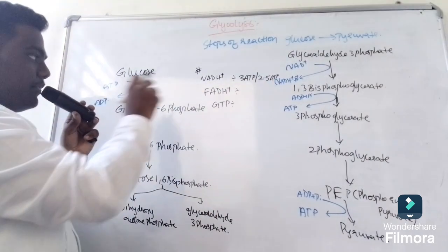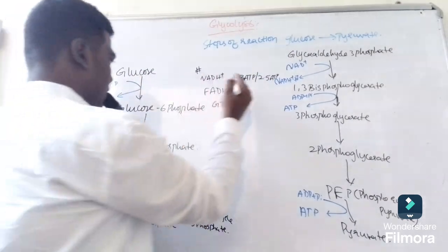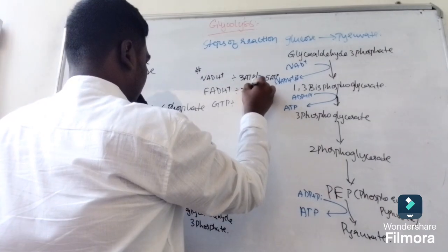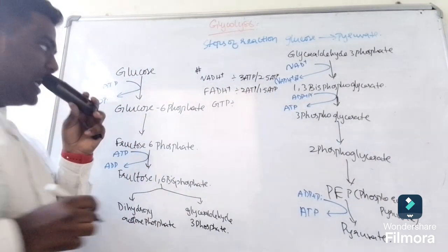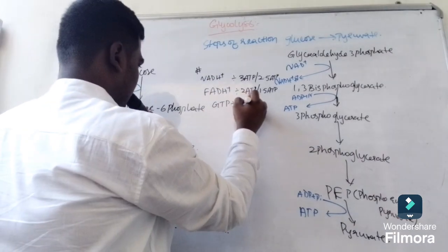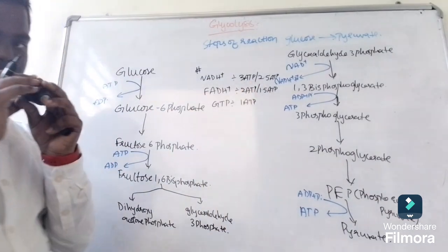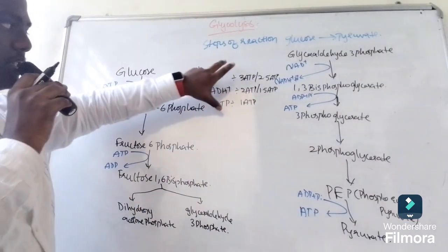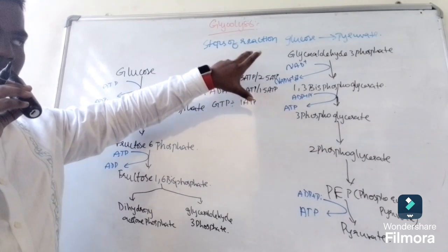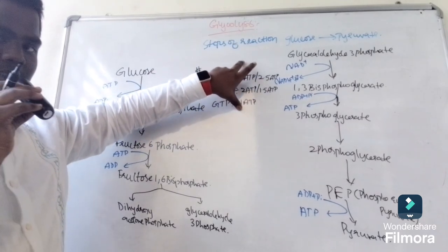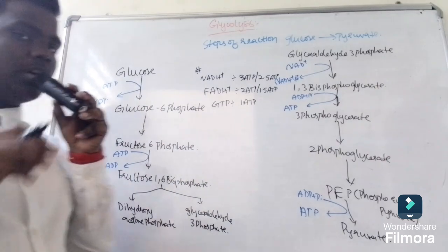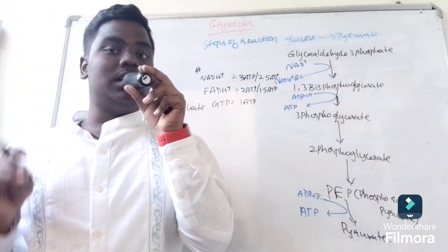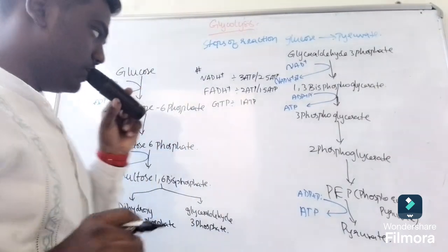FADH2 corresponds to 2 ATP or 1.5 ATP, and GTP corresponds to 1 ATP. This concept you have to know, because we will be using it to find the ATP production and the net ATP production.